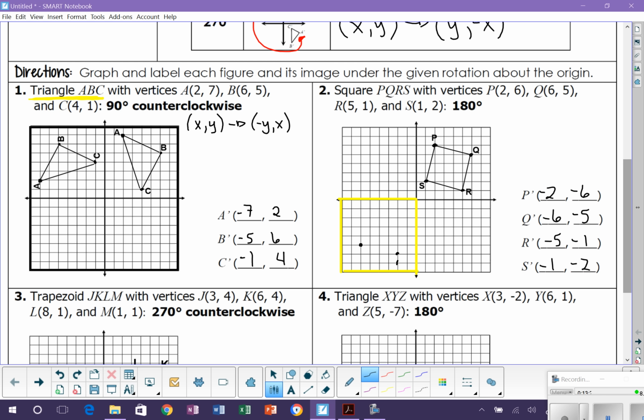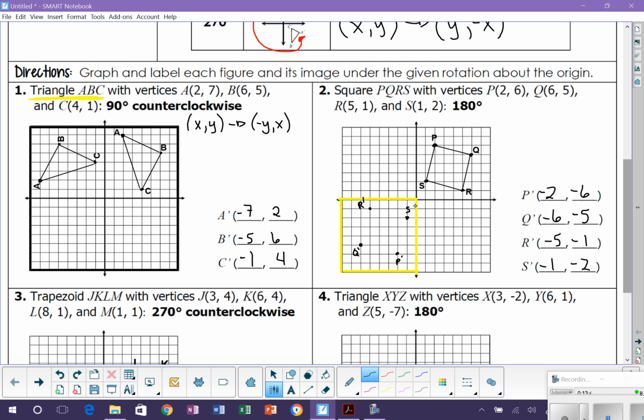So let's see, this was P prime. This was Q prime. R. 1, 2, 3, 4, 5. Down to -1. That's R prime. And then -1, -2.